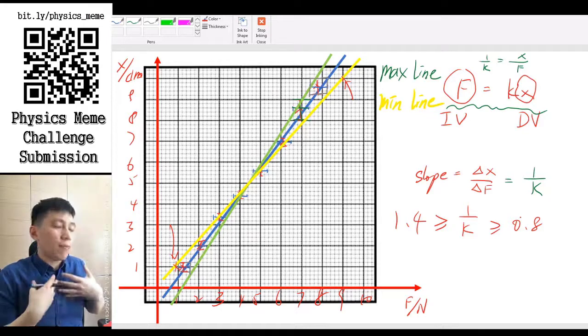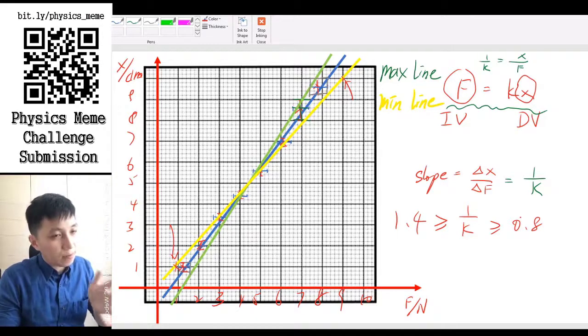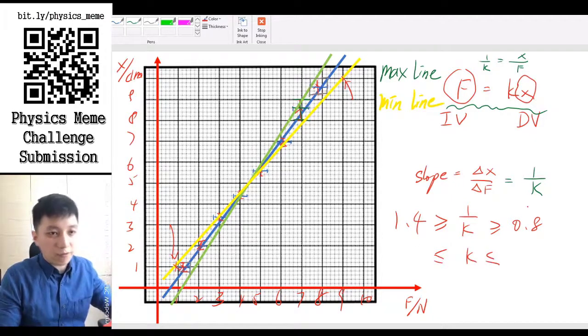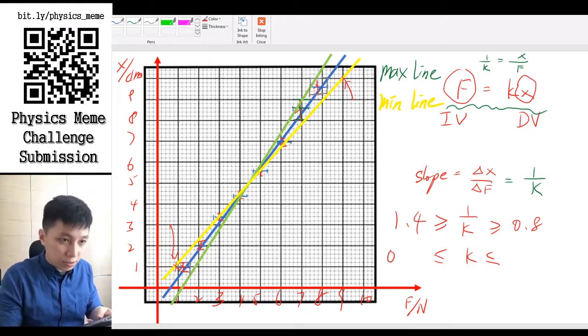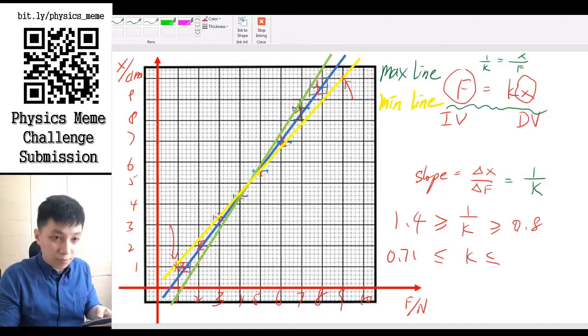However, we are most intrigued by the value of k, but not 1 over k. So what you can do is simply use a bit of maths to find out the value of k, simply just calculating it. Alright, so in this case it will be 0.714, so I take it as 0.71, and also 1 divided by 0.8, that's gonna be 1.25.